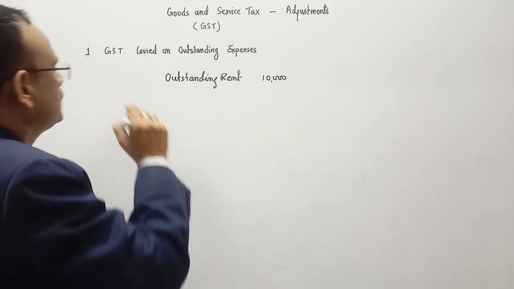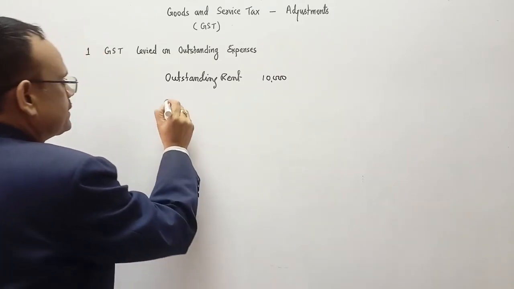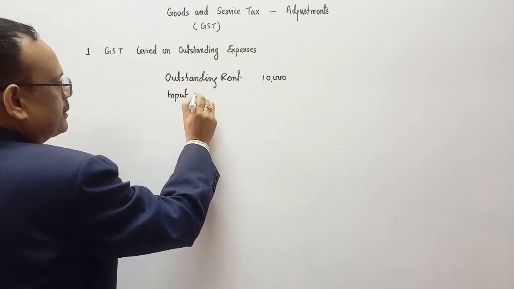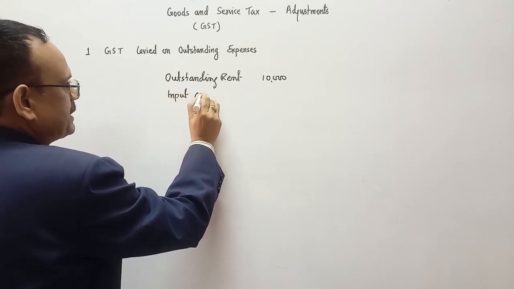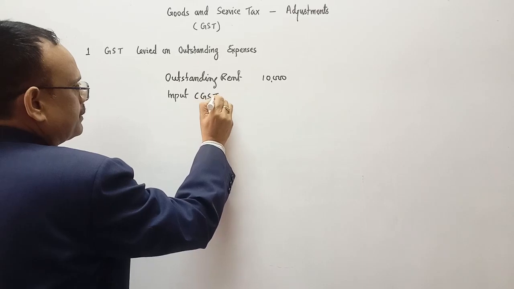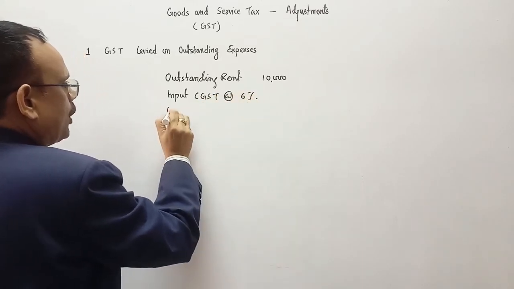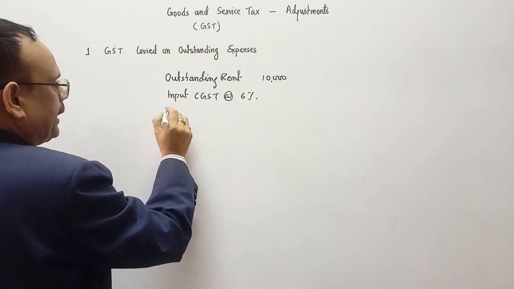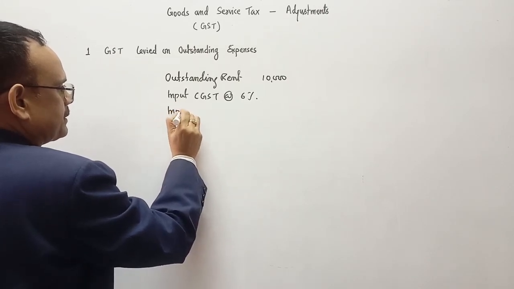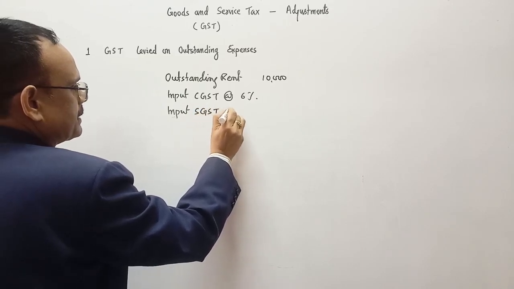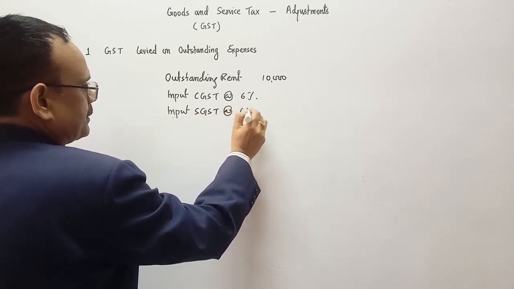And GST is given as input CGST at the rate of 6% and input SGST at the rate of 6%.